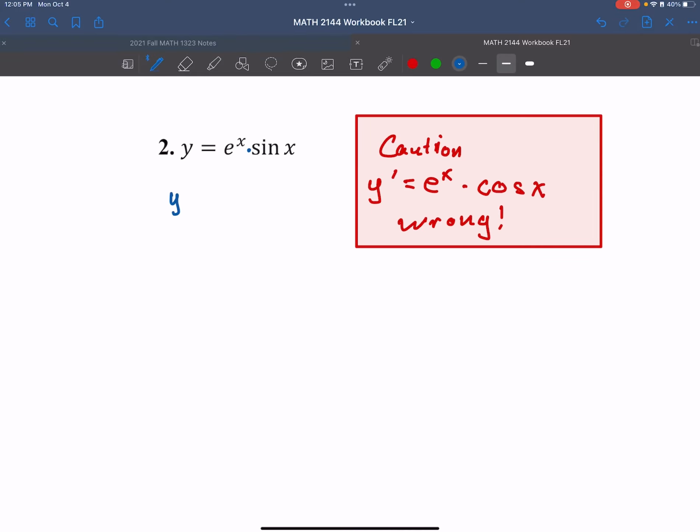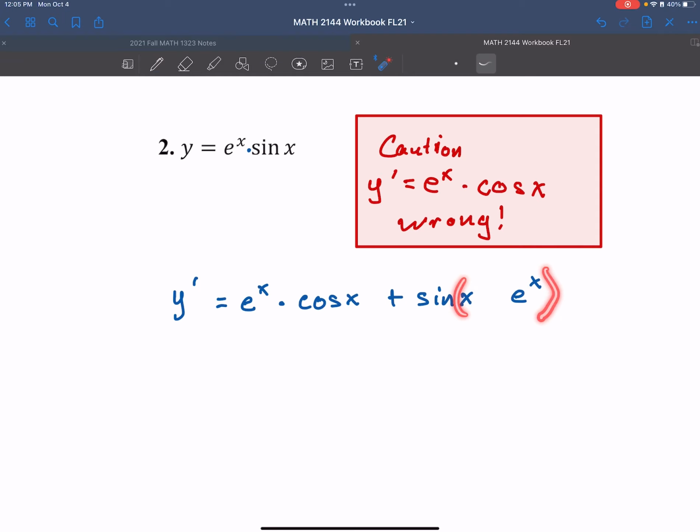The actual derivative, y prime, let me do it down here so there's room, is first times the derivative of the second, which is cosine of x, plus the second times the derivative of the first. Be very careful to make sure that you actually put a multiplication symbol there, because if you didn't, just as a side note, you would assume that these are grouped together.